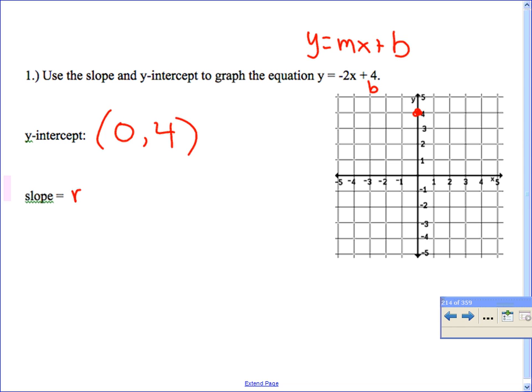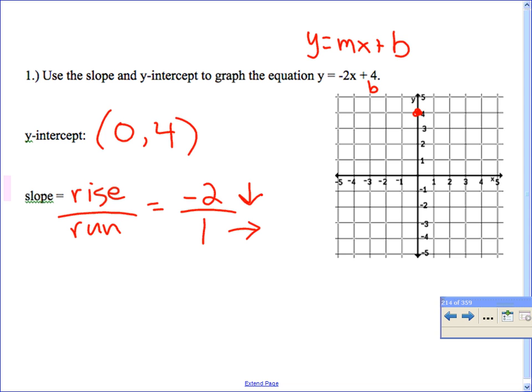Slope is always m. It is also the rise over run. Doug, what's the slope in this equation? -2 over 1. So, Charles, the -2, do we go up or down? Good. The run, Sean, do we go right or left? Good. So the rise is negative, so we're going to go down 2 to the right 1.